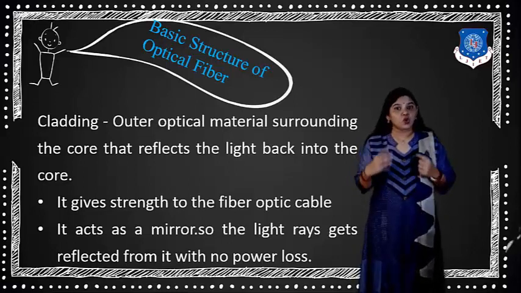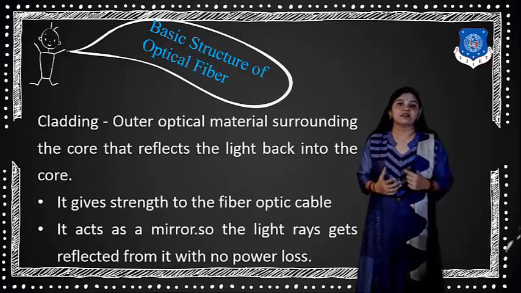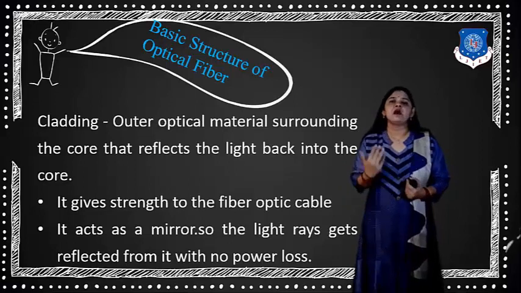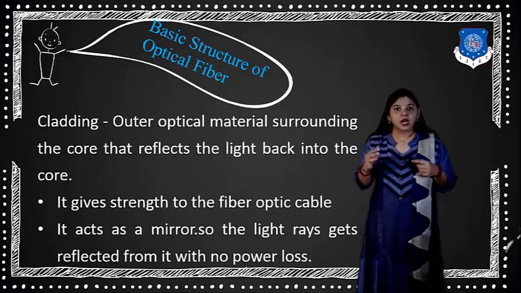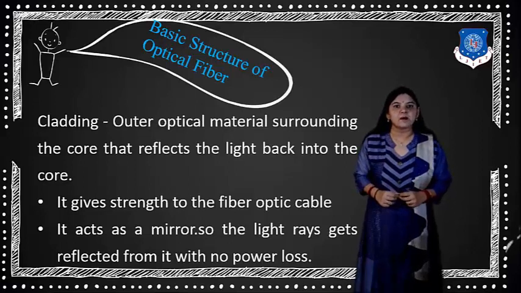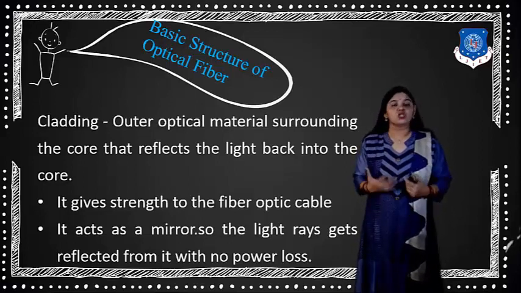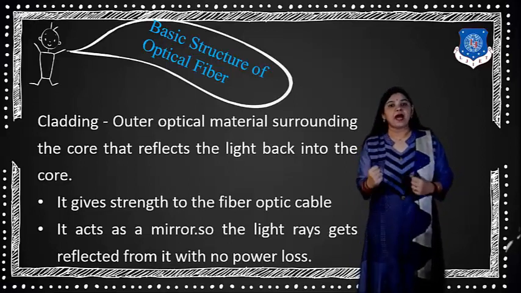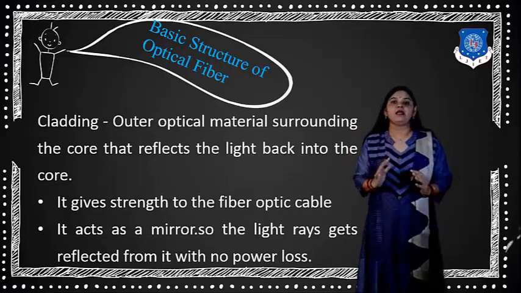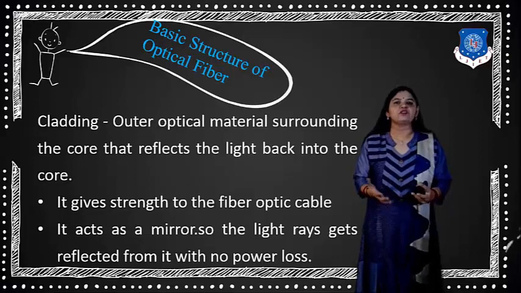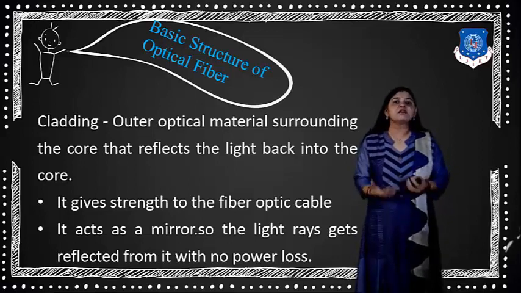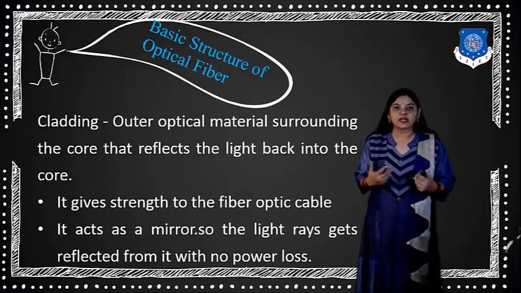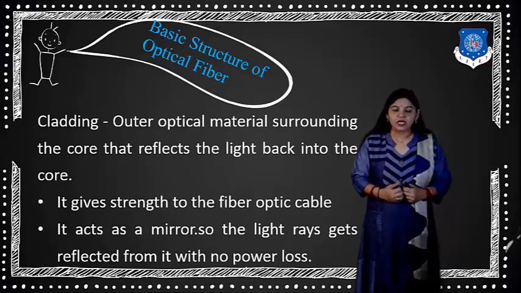Now the cladding mainly provides strength to the optical fiber, because optical fiber is installed under the ground, and there is too much pressure applied onto it. So the optical fiber should have higher strength, so that whenever pressure is applied, it can protect the fiber. We also have undersea installation, where there are water animals and ships going by.